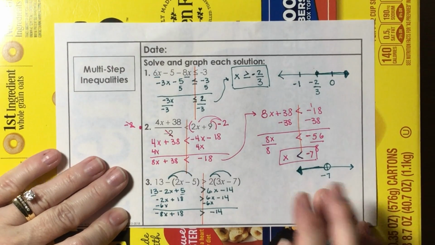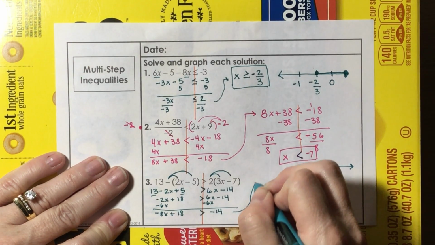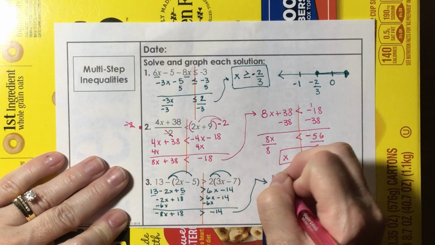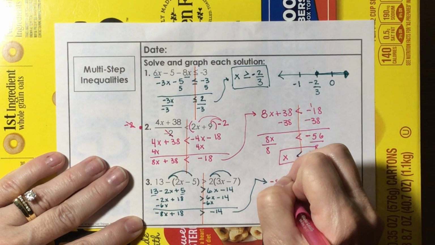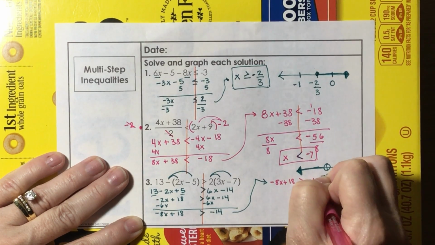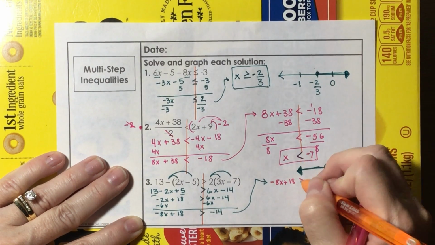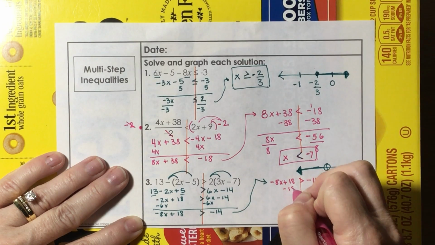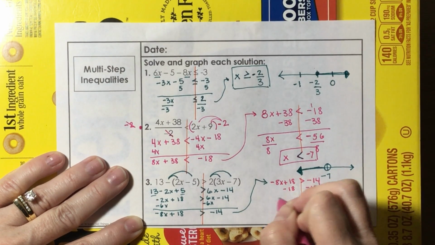All right, we're back to our two-step inequality, but I am already running out of room, and I'm trying to write really small too. Switch some colors up here. Okay, so negative 8x plus 18 is greater than negative 14. All right, so subtract 18 from both sides.